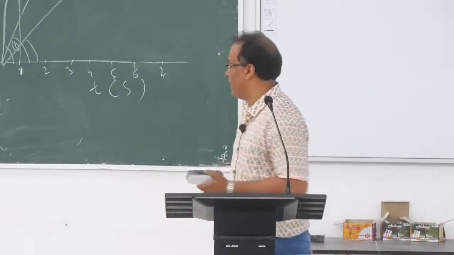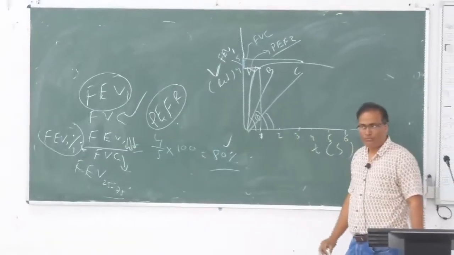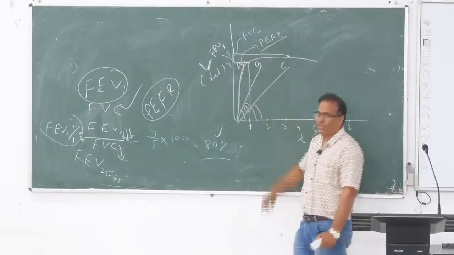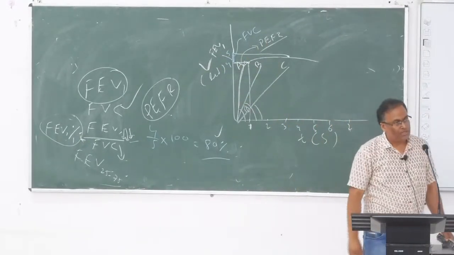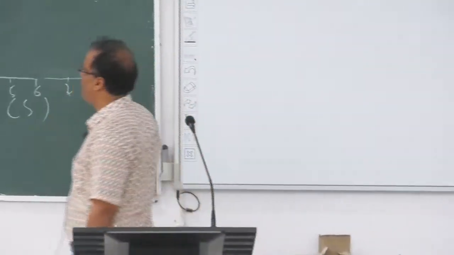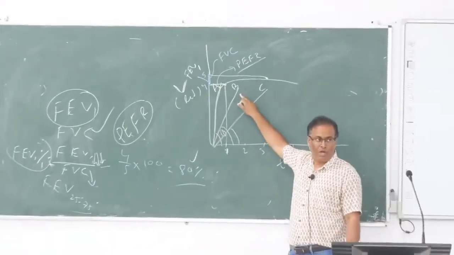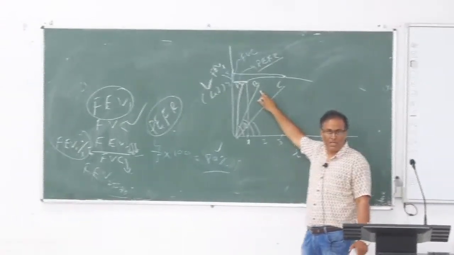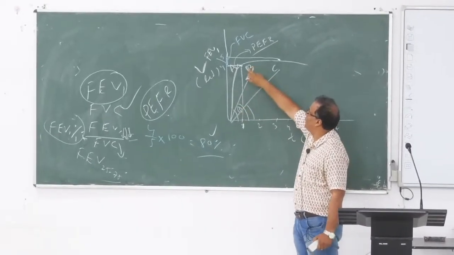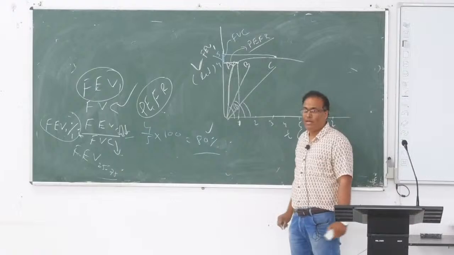That is called obstruction. So this is not about volume, and here it is depicted as FEV1 and FVC. This is the obstructing problem, and we will do the next one.